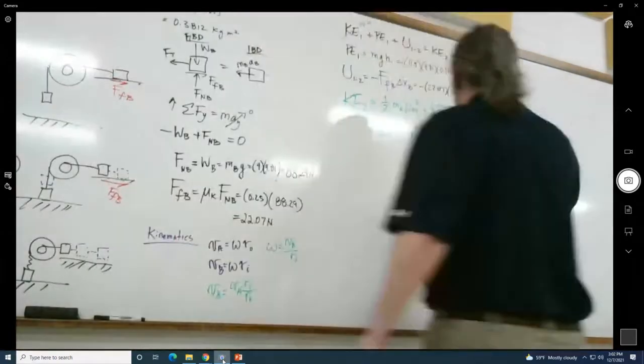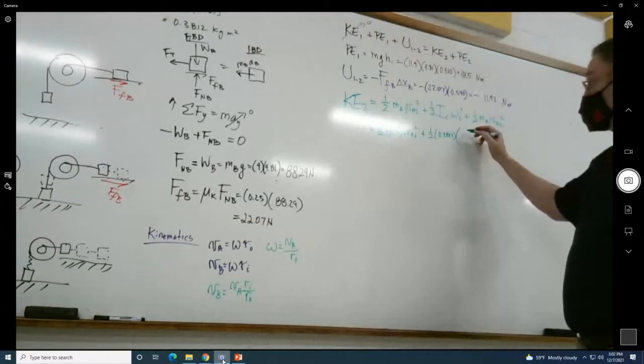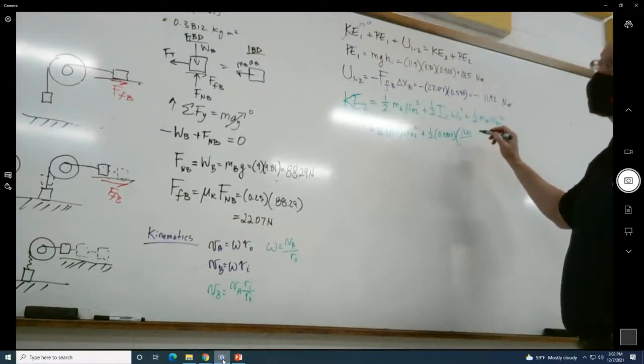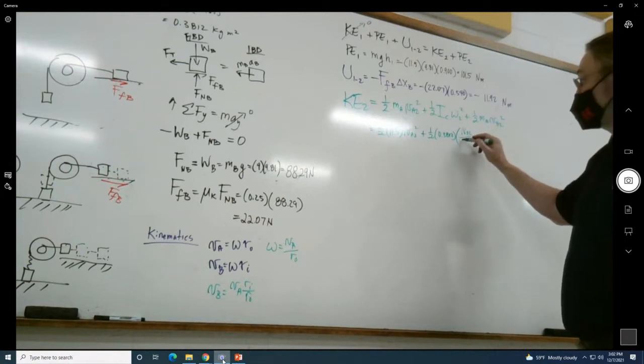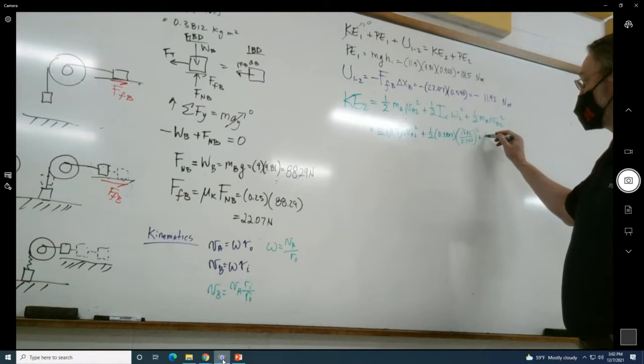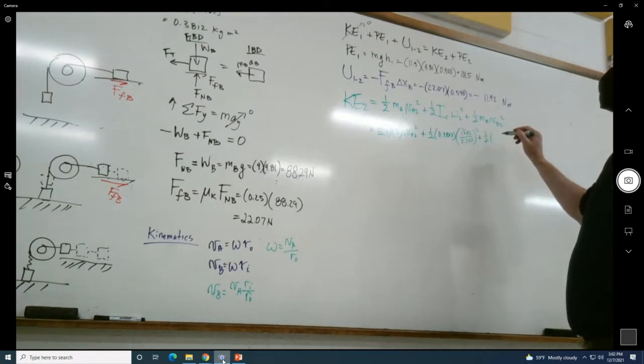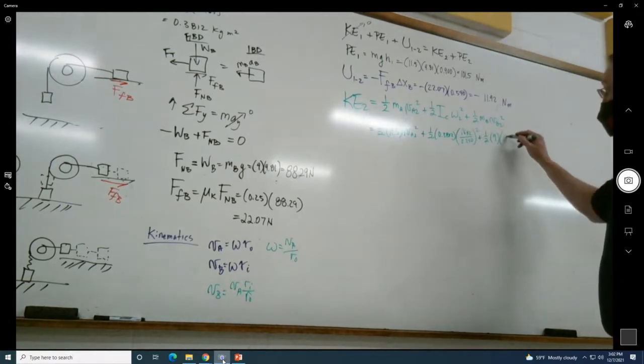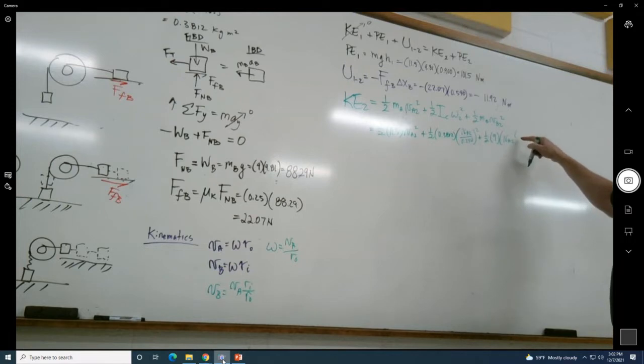So what we're able to do right here is say VA2 over RO, which is 0.25, squared, plus 1/2 of 9 kilograms. And then I have VA2, and then that's going to be 0.25.